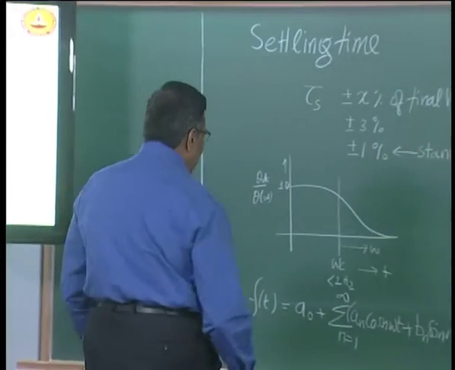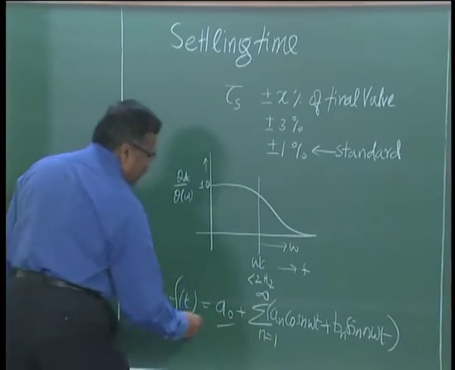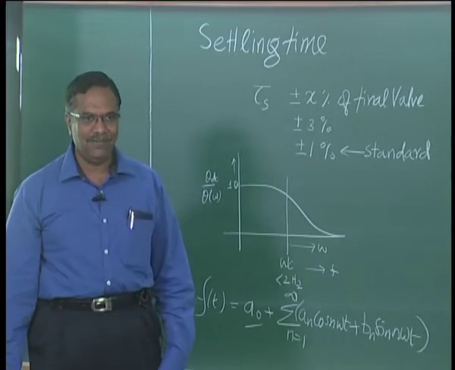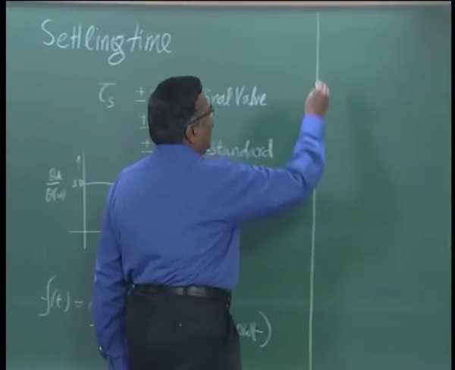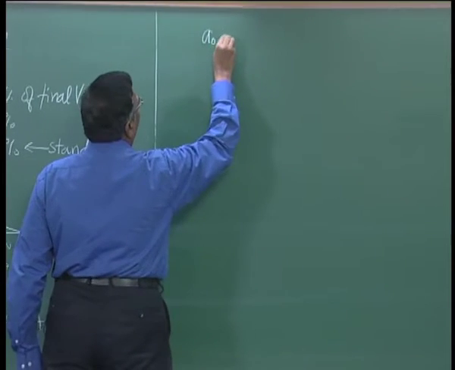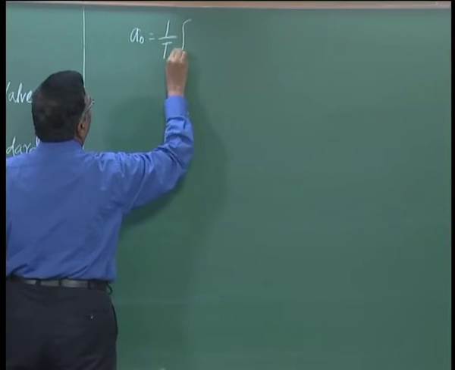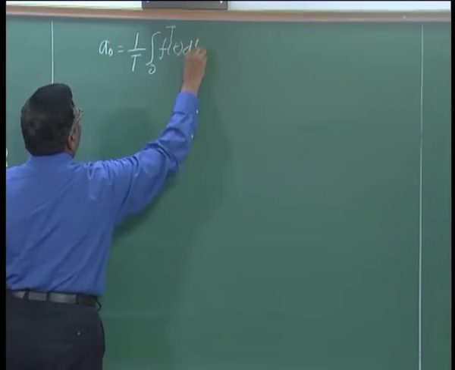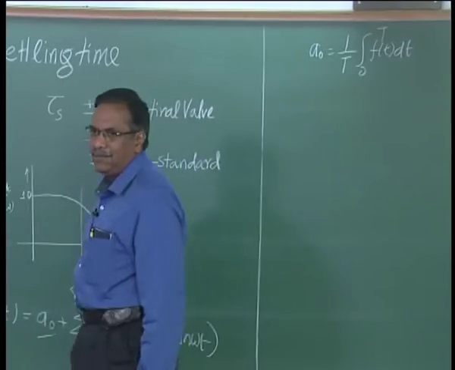And in that a naught is the constant component, a naught we also call the DC component in my function, and a naught I can write as 1 by T integral 0 to T f of t dt, right.